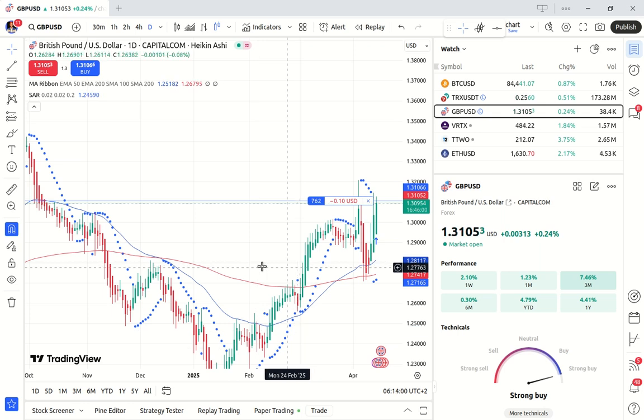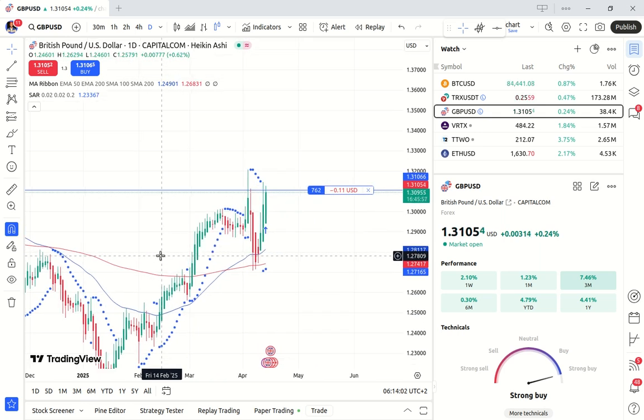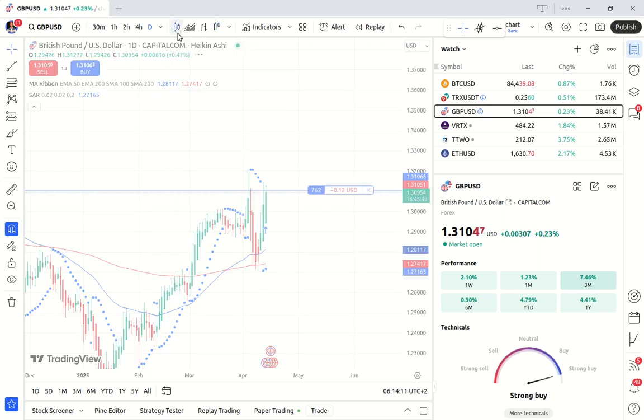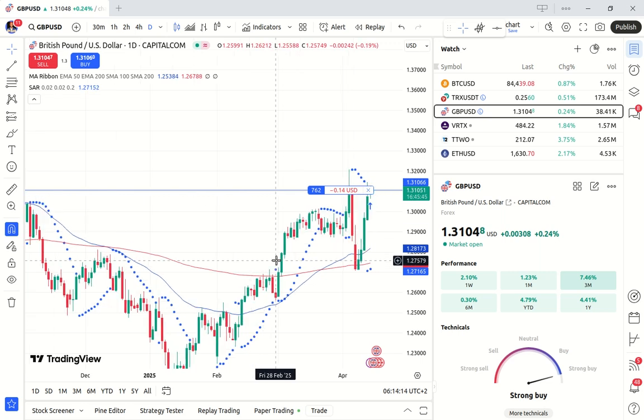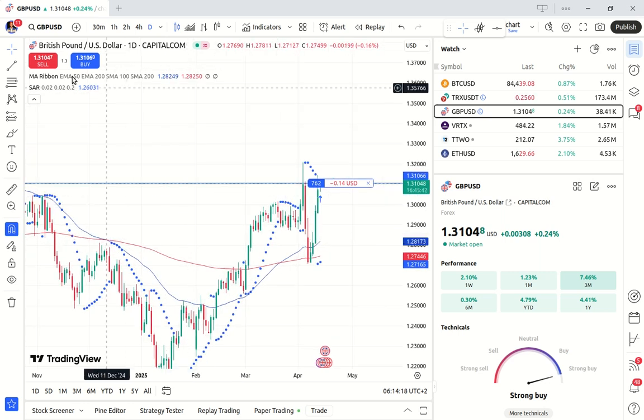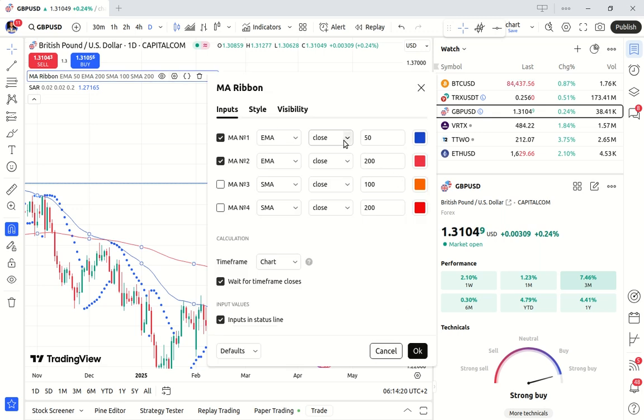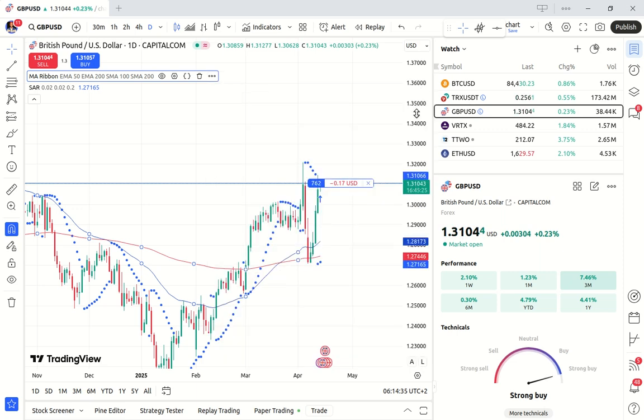So basically these charts are based on the opening and closing prices. In this case, our moving averages are based on the closing price, and this candlestick chart pattern is based on the closing price.